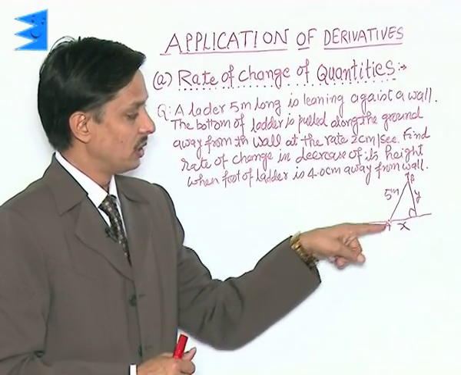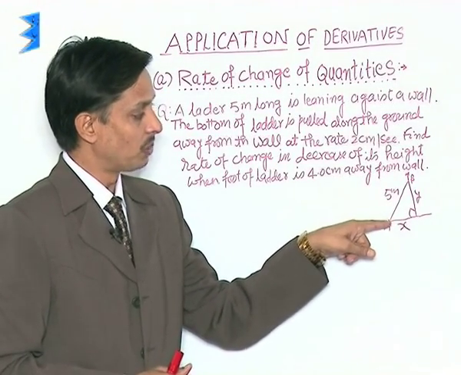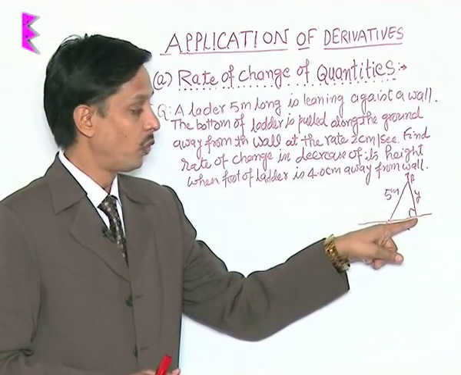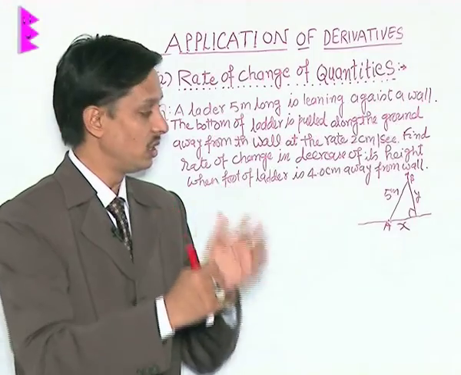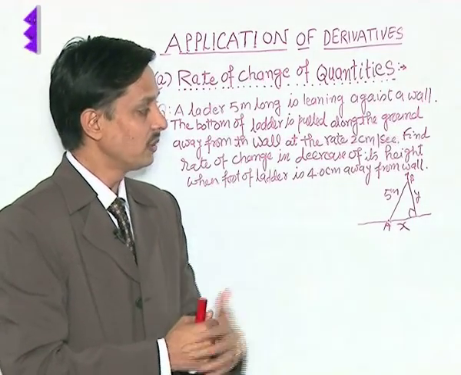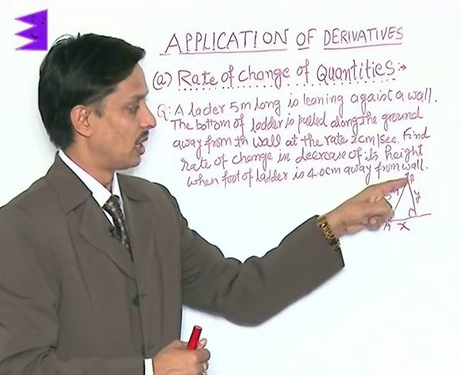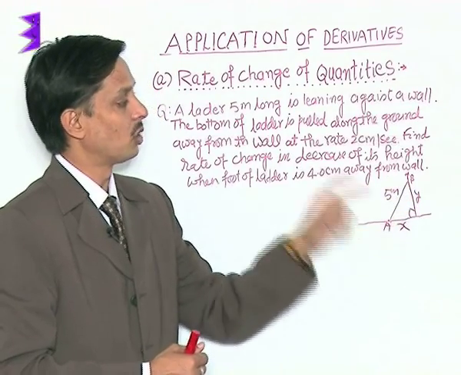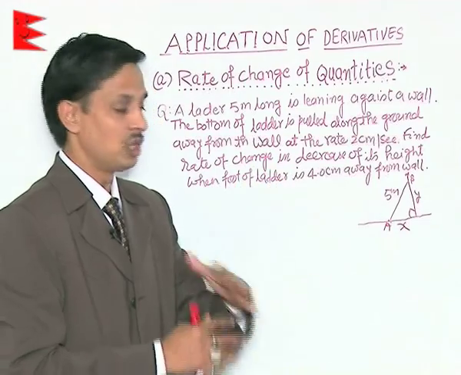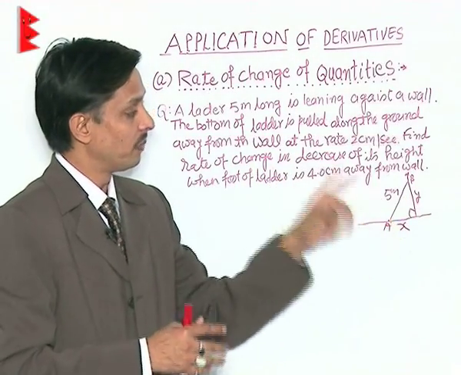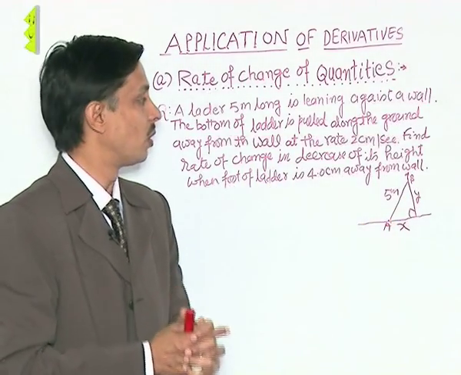What will change? The distance of the foot of the ladder from the foot of the wall. This x may increase or decrease as per pulling, and the height of that part of the wall where the top of the ladder is touching. These two will change, but the length will not change at all.